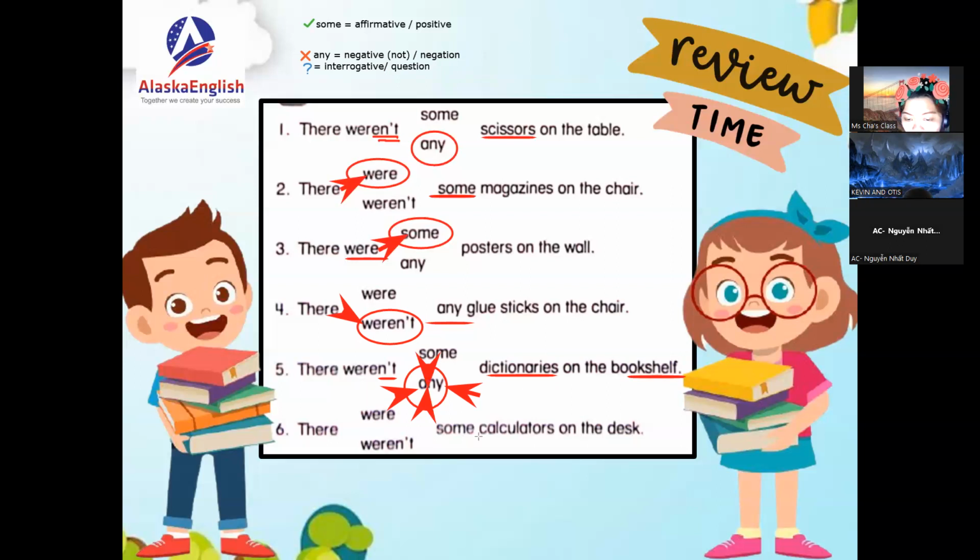How about this one? We have the word some. What are we going to use? Were or weren't? We use some for affirmative sentences.